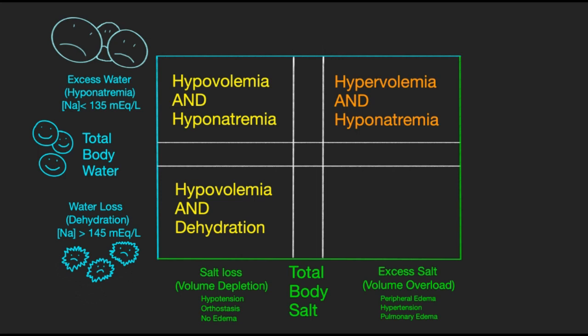And so when all those hormones are active, the kidney's going to be retaining sodium and water, and whatever the patient eats or drinks, right? So whatever salt they ingest is going to be retained, and the water that they ingest is going to be retained as well. What happens as the disease process worsens, they can develop both hypervolemia and hyponatremia.